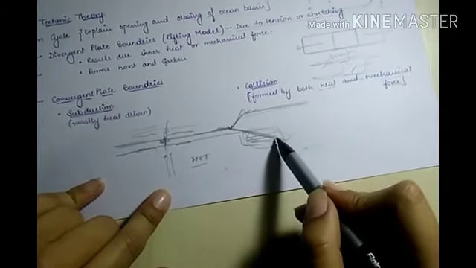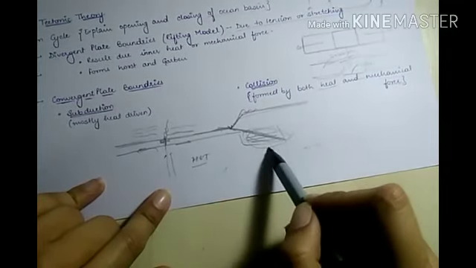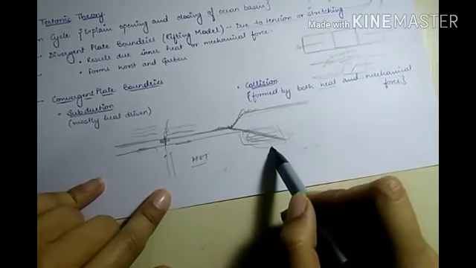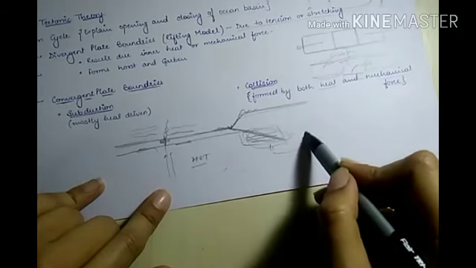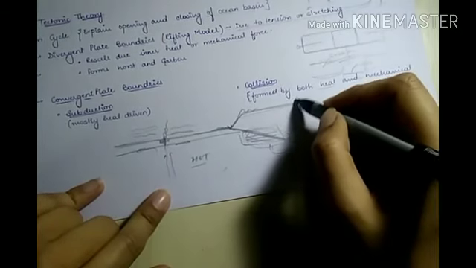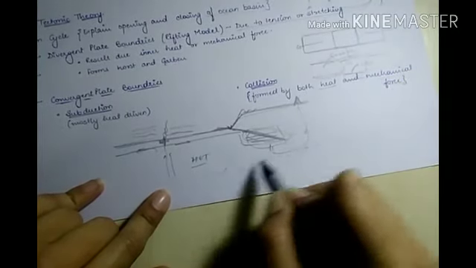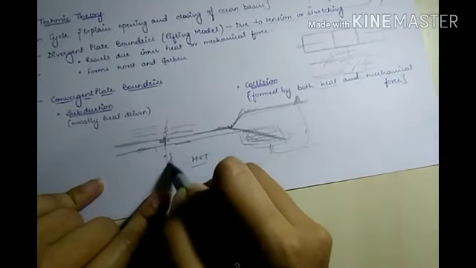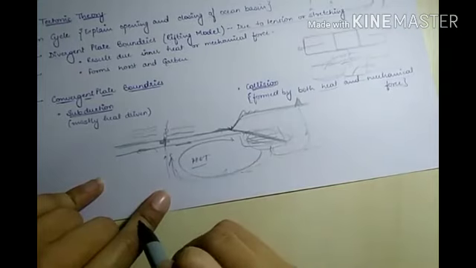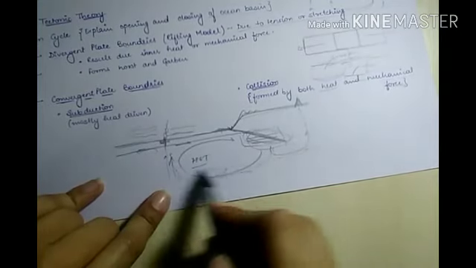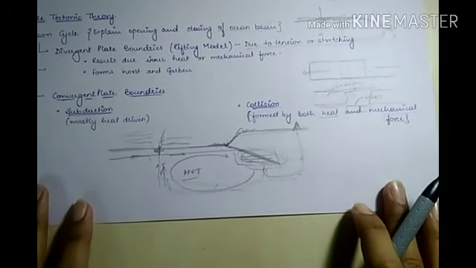More molten liquid is formed, and there is no place for it, so it moves out. Here it will form volcanic mountains, and here also it will come again into the cycle. So this was the Wilson cycle, and this whole is the plate tectonic theory. That was all in the plate tectonic theory.